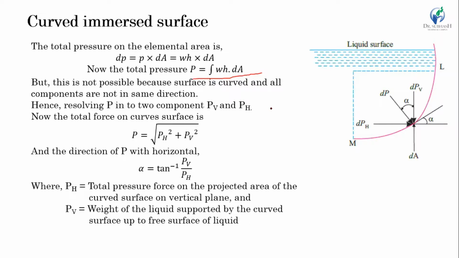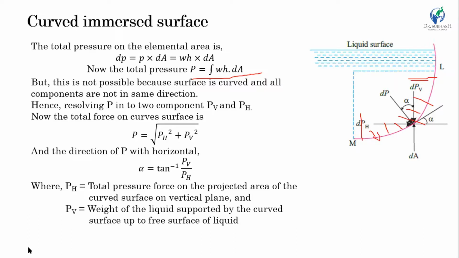But here let's consider the fundamental definition of pressure: a pressure force acts on the surface in the perpendicular direction in which it comes in contact. So here the pressure force is always acting perpendicular to the surface, and for that all the components have different directions, so we cannot directly sum up or simply integrate.